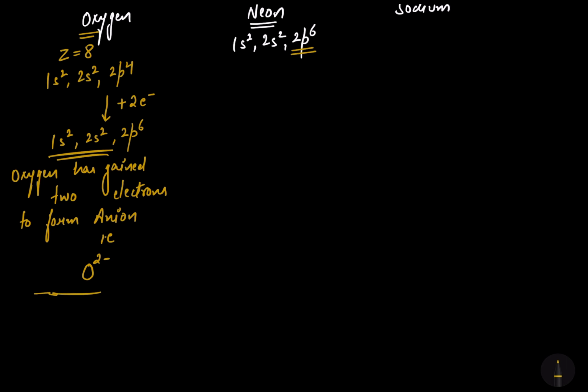So here the oxidation state of oxygen is -2, because it has gained 2 electrons. That's why we have taken the sign of minus.